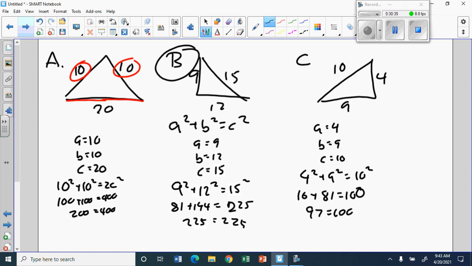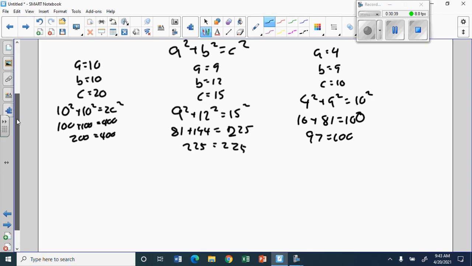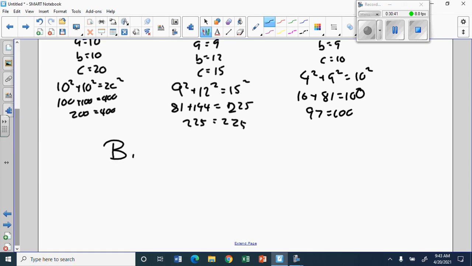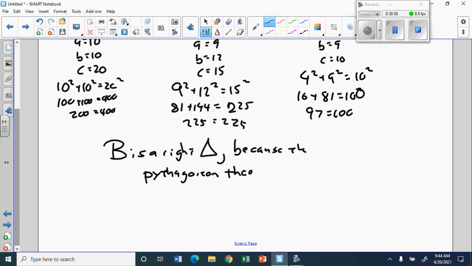That one's close. So it's only B. B is a right triangle because the Pythagorean theorem works out true.